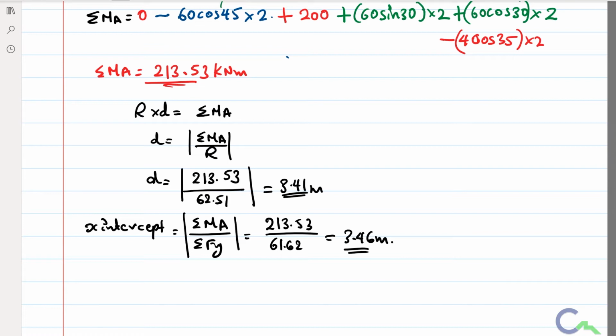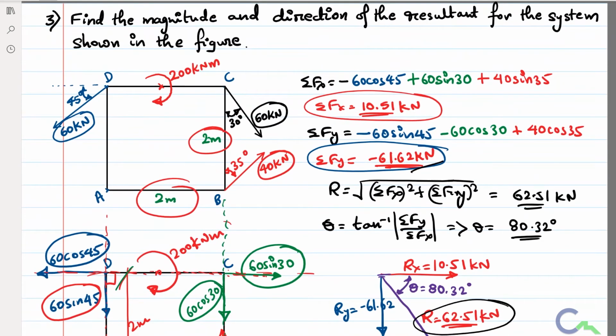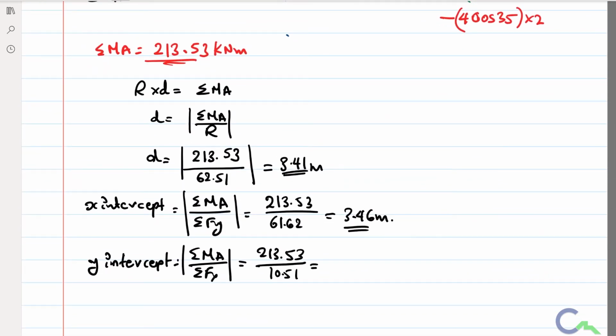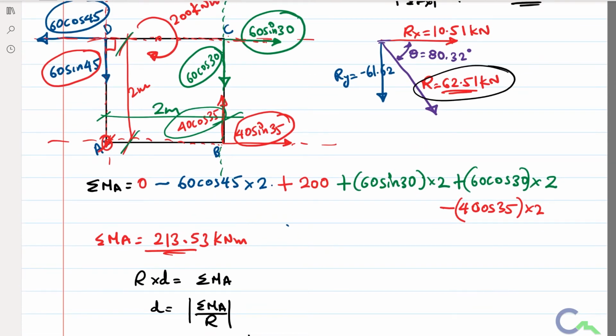Then the Y intercept, that is sigma MA divided by sigma Fx, that is 213.53 divided by the sigma Fx value, that is 10.51. So if I do the calculation, we'll get 20.31 meter. So after getting these values, I have to show them in the figure.